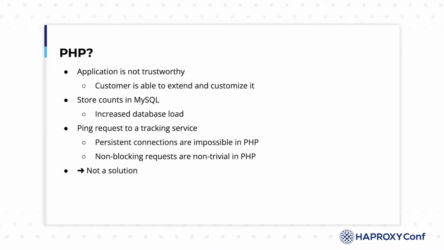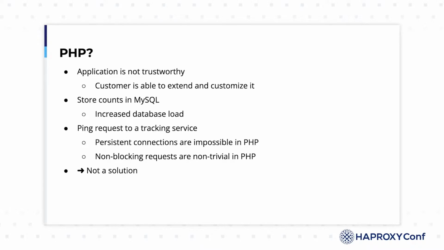The first option would be storing the request count somewhere within Vault Lab Suite's MySQL database, and then regularly polling that value using the billing service. However, this option would greatly increase database load and I/O requirements, as the tracking table and its logs would be highly contended. The other option would be sending a ping request to a dedicated tracking service.